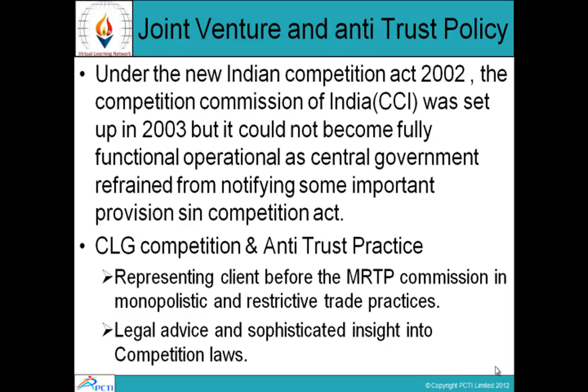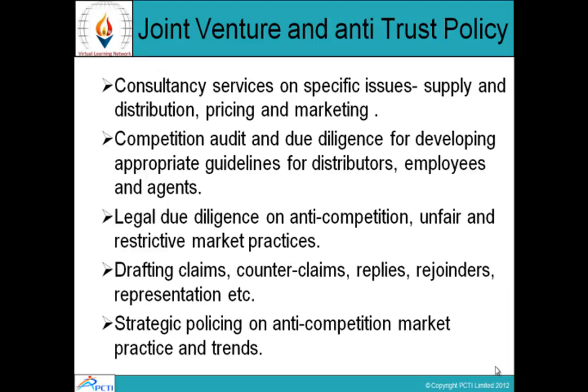CLG competition and antitrust practice represents clients before the MRTP Commission in monopolistic and restrictive trade practice matters, providing legal advice and sophisticated insight into competition law. Consultancy services on specific issues: supply, distribution, pricing, and marketing.